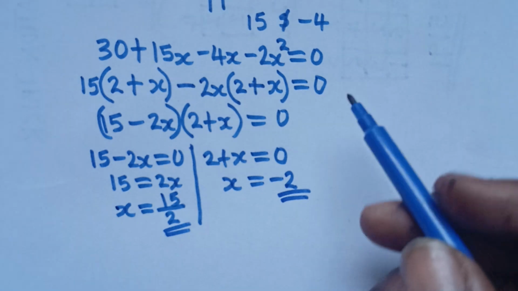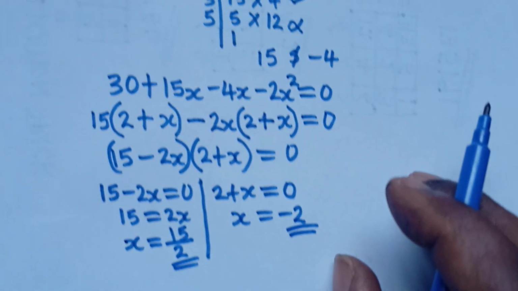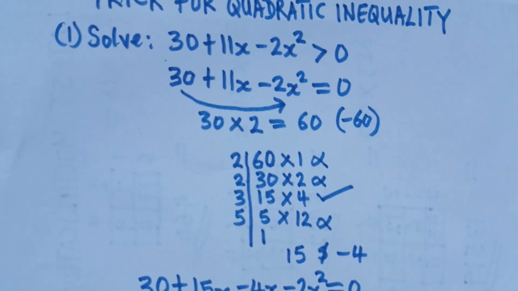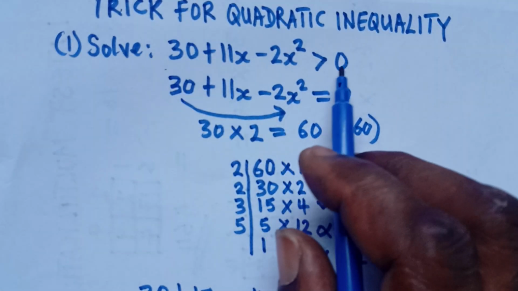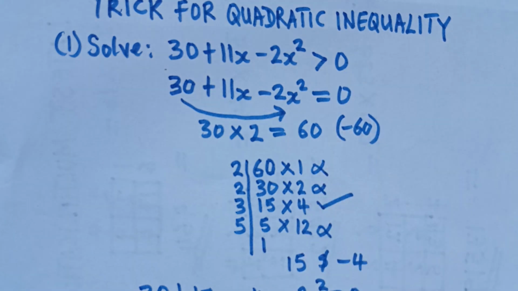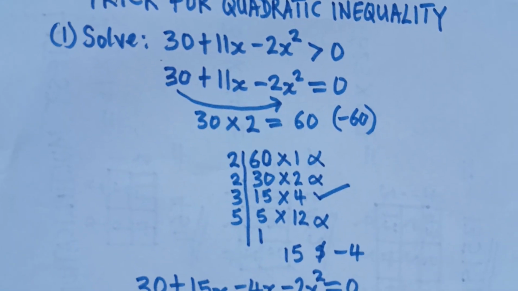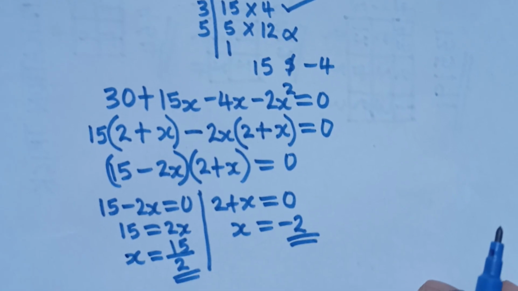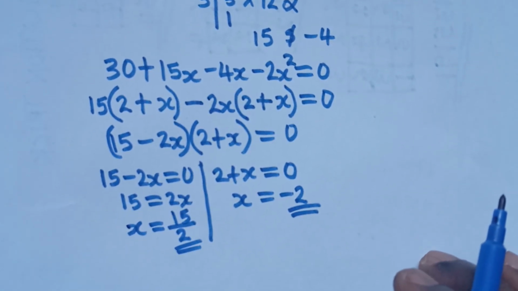But coming back to the inequality sign in the question, don't forget the inequality sign is greater than 0. So what is going to happen now is to assign these two values to the appropriate inequality.